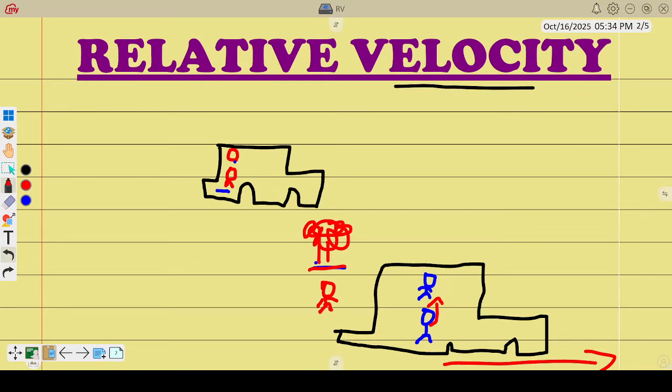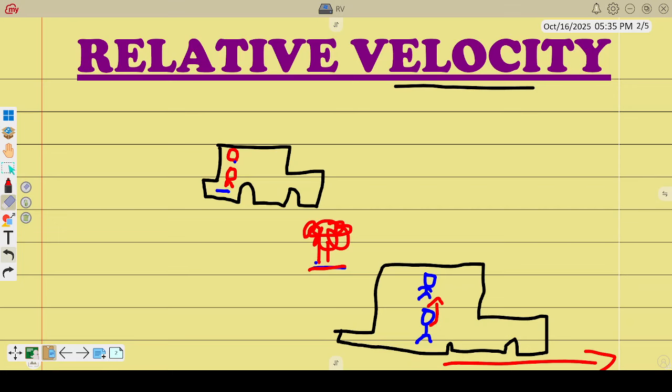The friend will not remain behind because they are together in the same car. Meaning when he looks at the friend, it will just be like the friend is not moving. This is the concept of relative velocity. We compare the velocities of two things. So now we start from this very example.